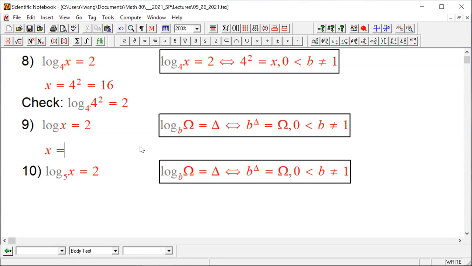So now number 9, what do you get? x is in the position of omega, isn't it? And what is the base? The base by default is 10 because we write it that way. That implies the base is 10.